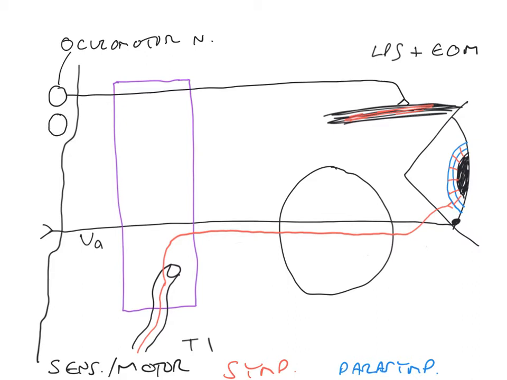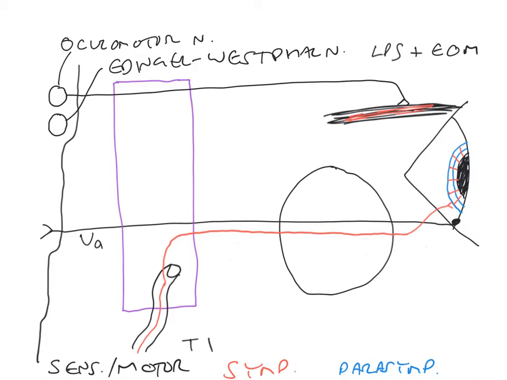This nucleus is known as the Edinger-Westphal nucleus. So let's just write that out. The second component of the oculomotor nerve arises from the Edinger-Westphal nucleus, which provides parasympathetic preganglionics to the oculomotor nerve.